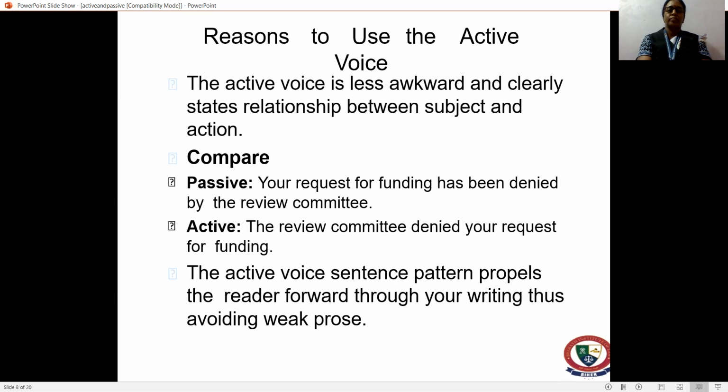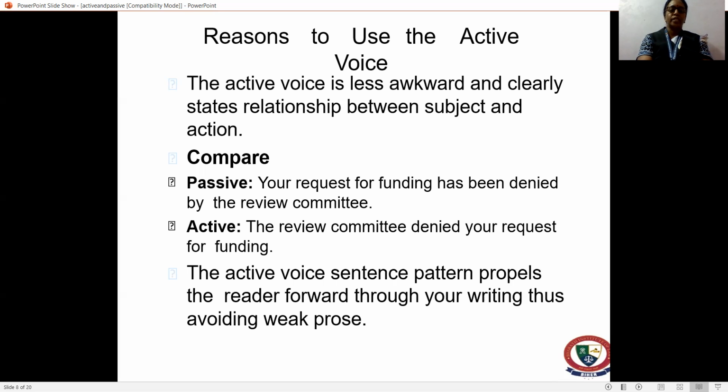It's very clear, and there is no confusion when we read the active voice sentence. I've given one example, first in the passive voice form, then I have changed it to the active voice form so that we can understand why I am saying so. It is less awkward or less confusing, and it's very clear also.